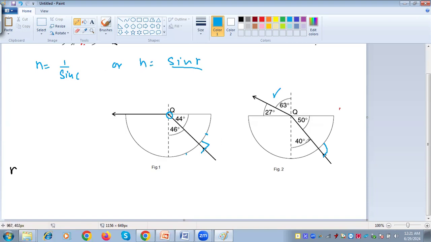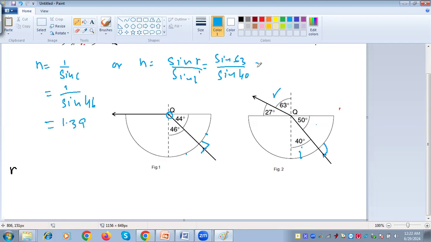Which one of them is the angle of incidence? 50 or 40? The angle with the normal is the angle of incidence. So n equals sine 63 divided by sine 40. You will see it gives the same answer as 1 upon sine 46. Let us check. 1.39.